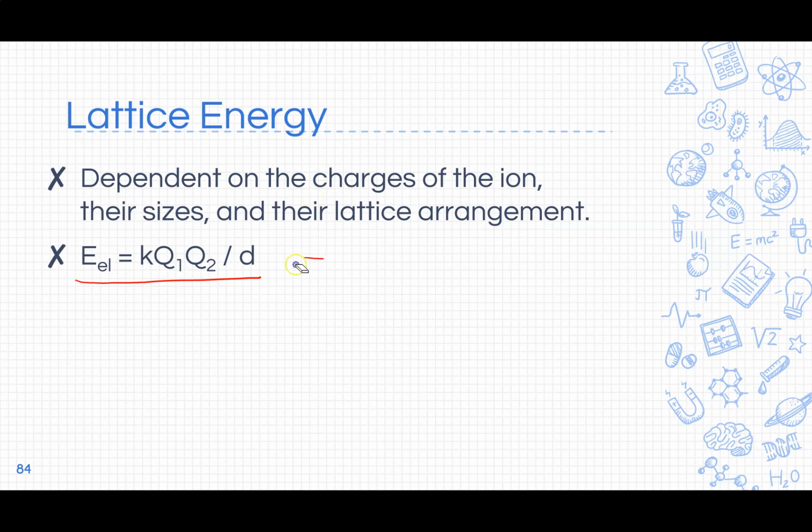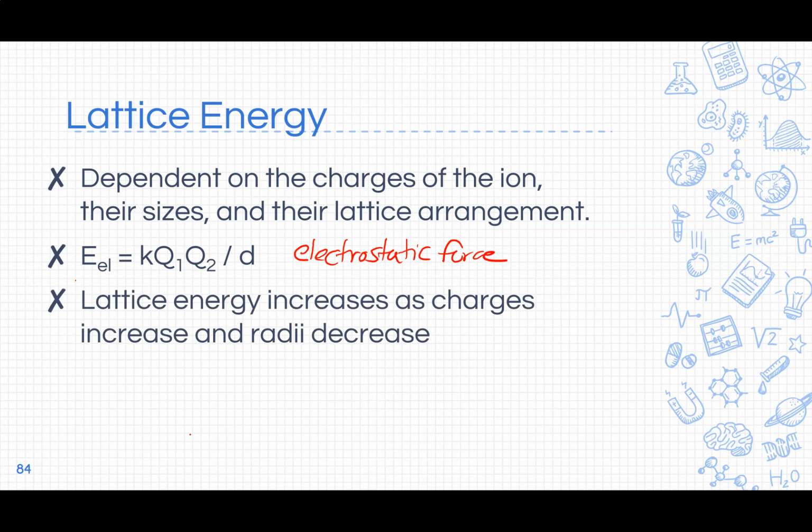And then we have the distance, which is going to be the distance between the 2 nuclei of whatever atoms are coming together. So our book talks about this as electrostatic force.